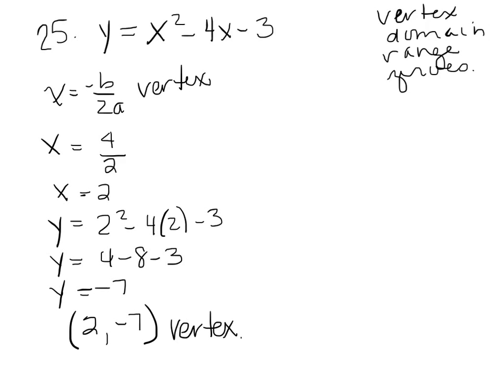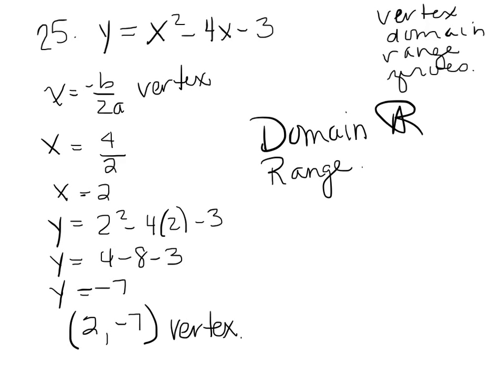Then, to understand domain, that's always going to be easy. The domain of all quadratics is all real numbers, but the range. The range is going to depend on whether or not this vertex is a minimum or a maximum. This one, if you look here, is a positive coefficient, so it's opening up, okay?